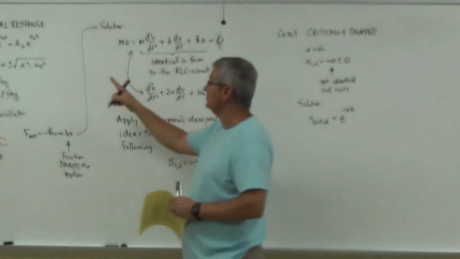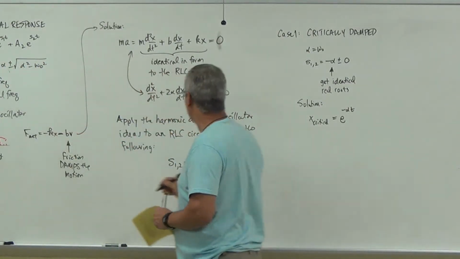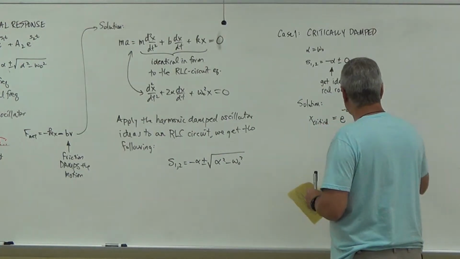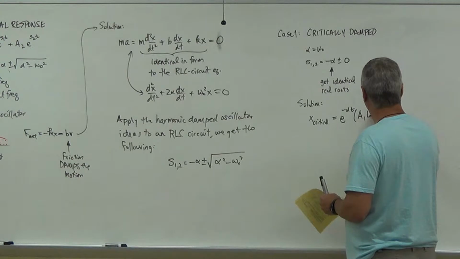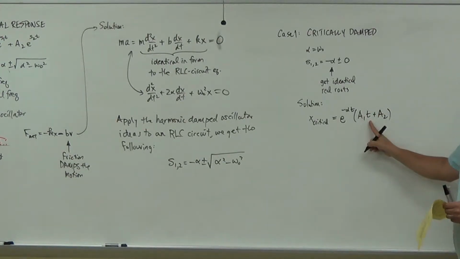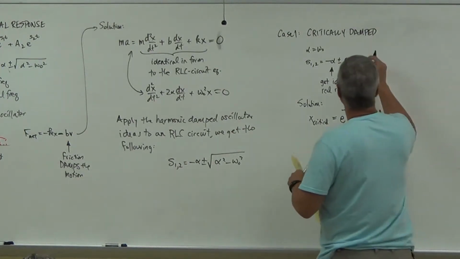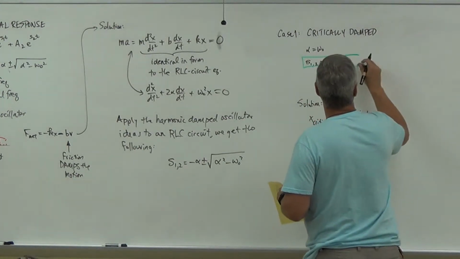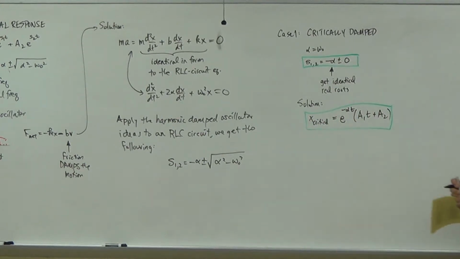So one of the solutions has to be that. But the problem is that if I have identical roots, I always have to have what? A linear combination of the constant plus I have to multiply by t. So in other words, if S1 and S2 are equal like this, then I have no choice but to have that solution.